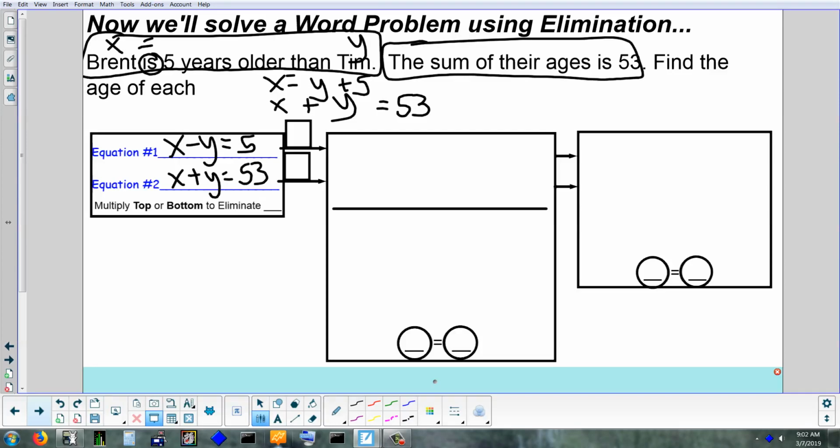The x's and y's are alone. So are the x's opposite? They're alone, but are they opposite? The y's are, yes. So we got the same number. There's a 1 attached, even though you don't see it. Same letter, they're both y's, and one's positive and one's negative. That's all set. All right?